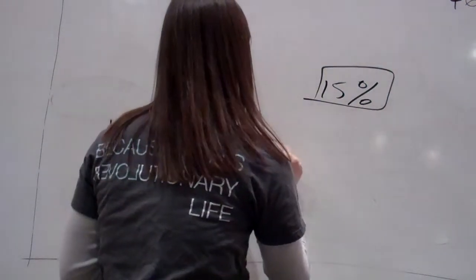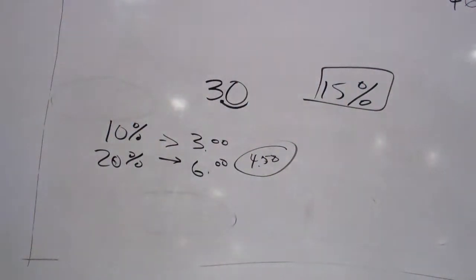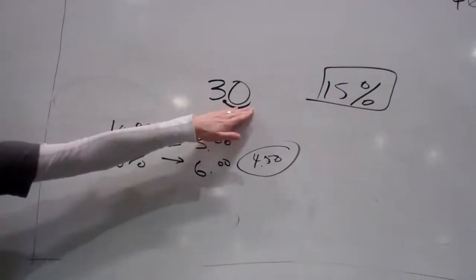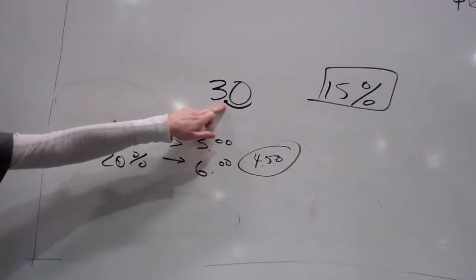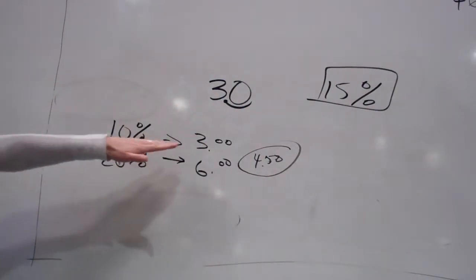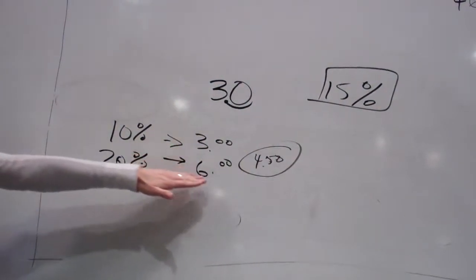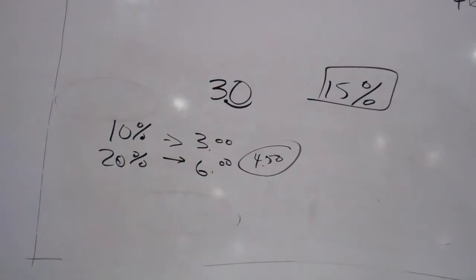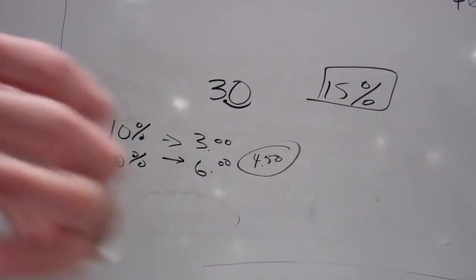Does everybody see that? I wish I had more time to explain this to you, but I did that really quickly. It's easy to find 10%. You just take away a 0 or just move your decimal to the left. 10% is $3. 20% is that doubled. And then we wanted 15, which is half of it. Got it? Hopefully, watch it over and over again until it makes sense.